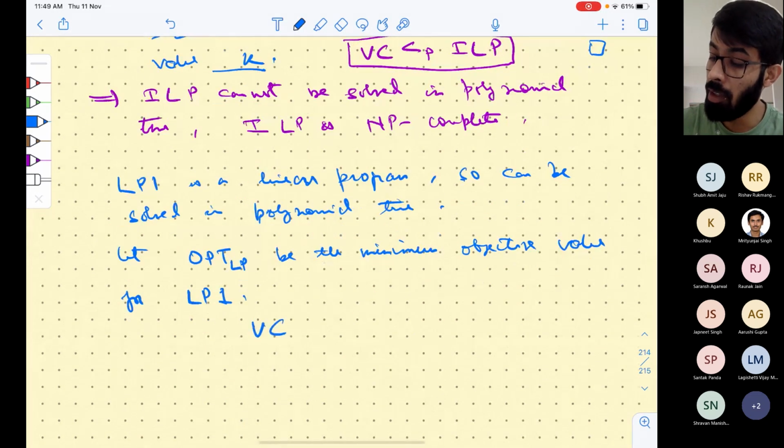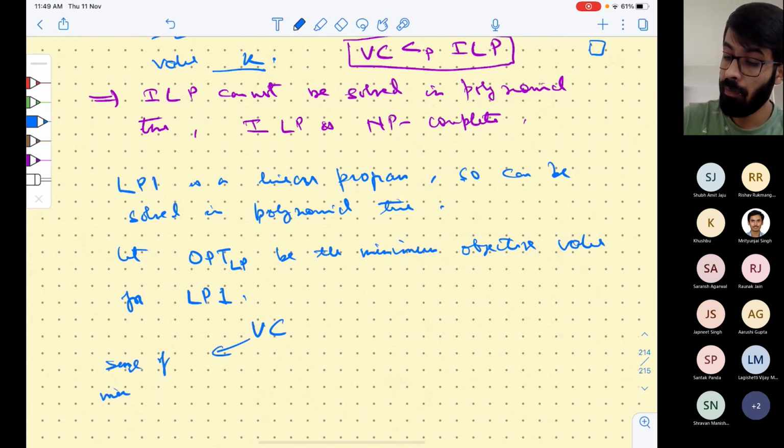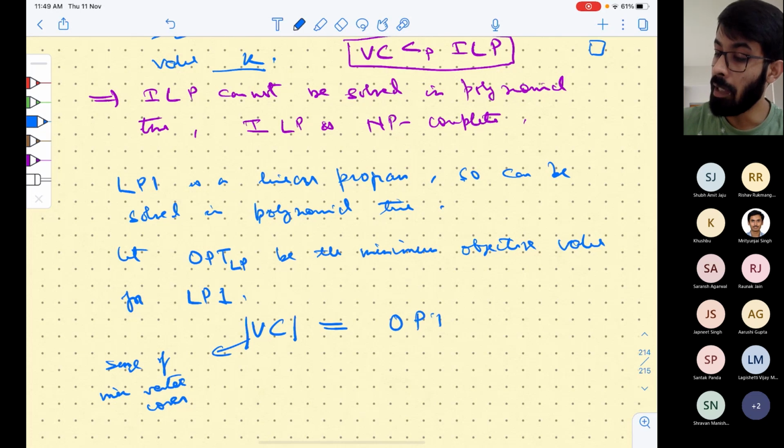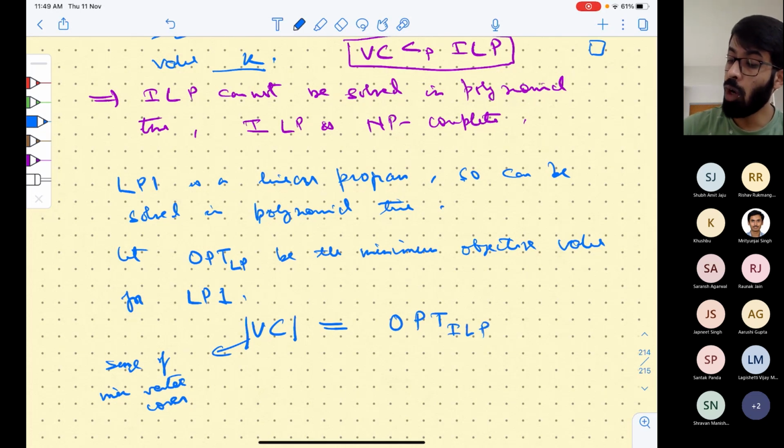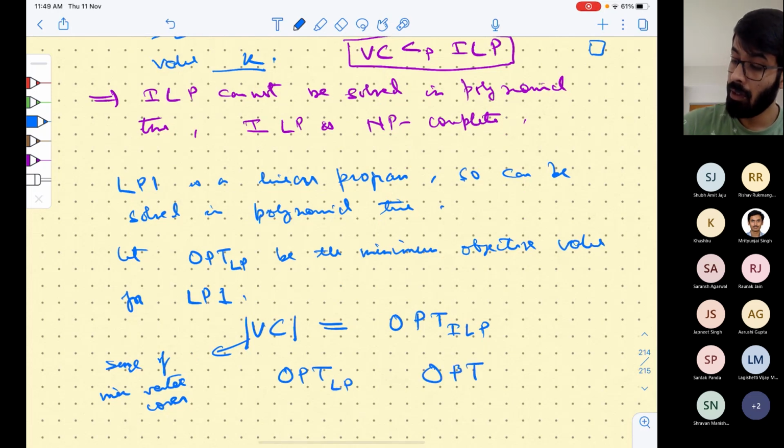So let VC denote the size of minimum vertex cover. We know that the size of minimum vertex cover is equal to opt ILP, right? What can we say about opt LP and opt ILP? Is there any relation between them?